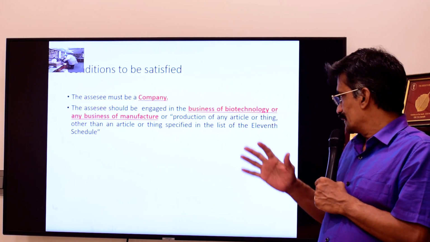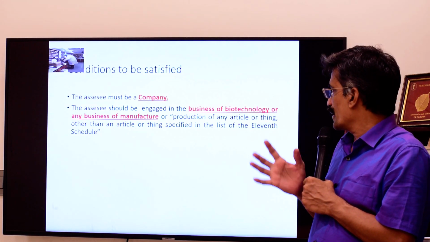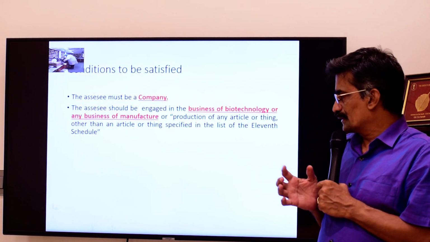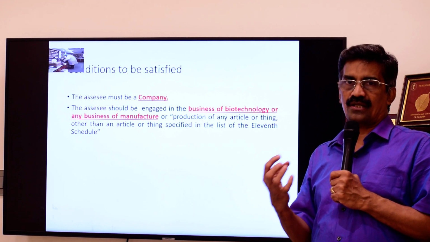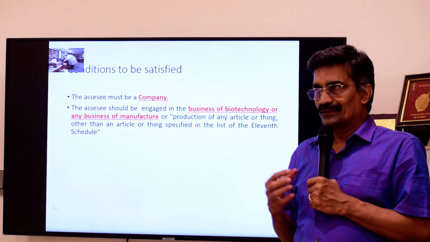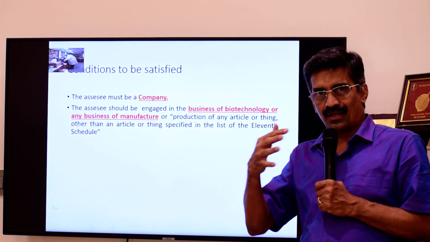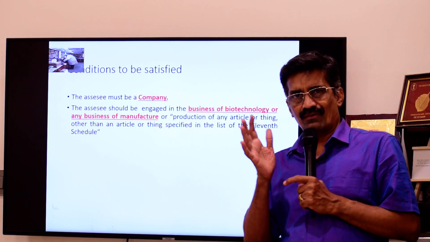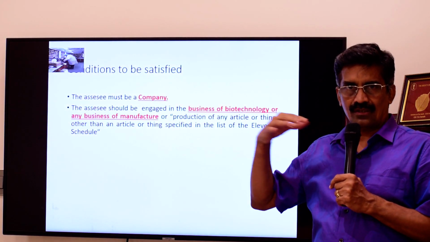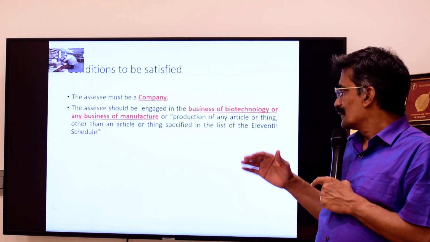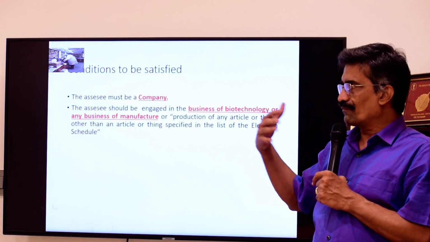Second condition, the assessee must be engaged in the business of biotechnology or any business of manufacture or production of any article other than articles which are listed in the 11th schedule. The 11th schedule is basically non-priority items. So go to the list of the 11th schedule. There are certain items listed which, according to the government, are not a priority for manufacture, so they don't want to give the extra 150% benefit.